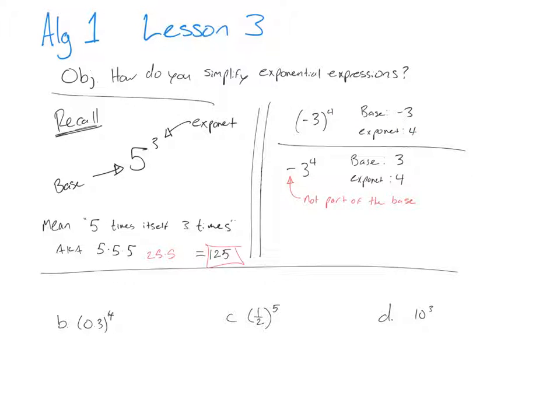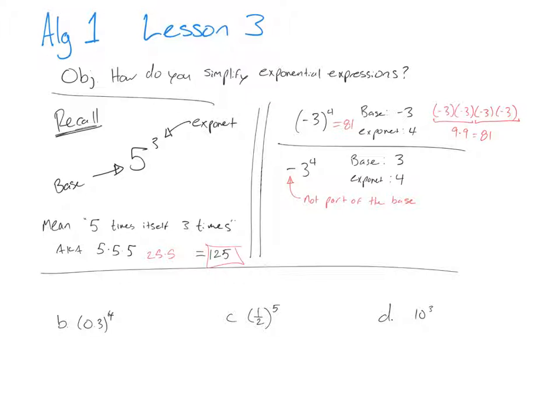So if we were to write that out, this would mean -3 times -3 times -3 times -3. Multiplying the first two, -3 times -3 gives you +9. Same idea with the other two, so +9 times +9 gives you 81.